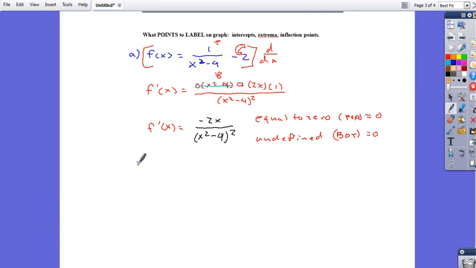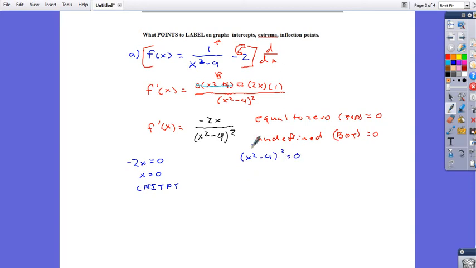Alright, so equal to 0 would be the top equal to 0. Undefined would be the bottom equal to 0. So negative 2x is the top equal to 0, so x is equal to 0 there. That's a critical point, because it's where the derivative is 0. Now for the bottom equals 0, you have x squared minus 4 squared equals 0.